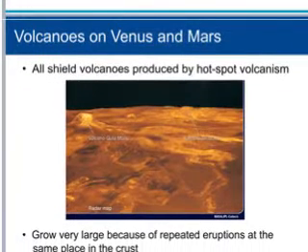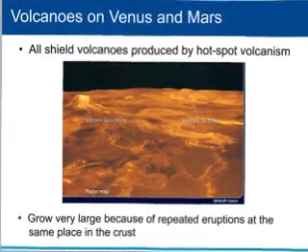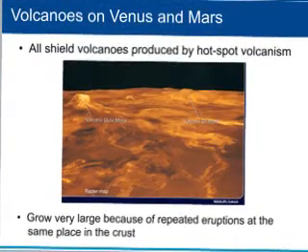And shield volcanoes, all shield volcanoes are produced by hotspot volcanism. So hotspot volcanism means the volcanoes are active, and if you look deep within the volcano, looking down from where the eruption comes out, so you're looking inside the volcano, you can see columns or a whole lot of magma rising from deep within the mantle, and they're generally not near the edges of the plates.